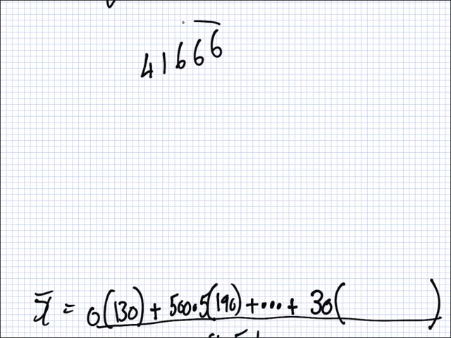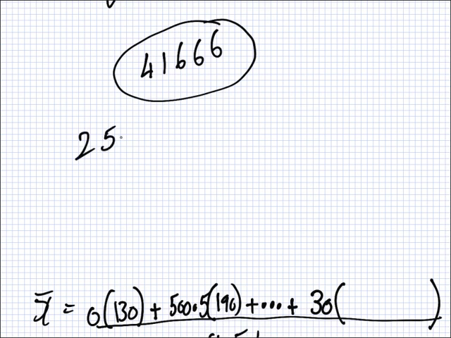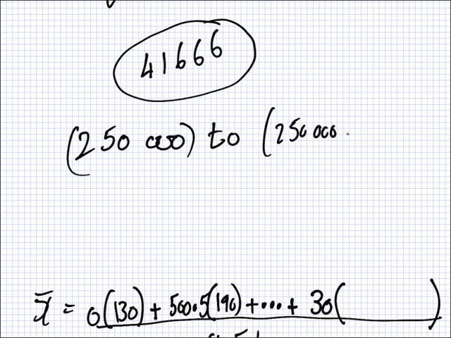So this number here previously was on average how wide each bin was. So what we could do is say the last bin is maybe 250,000 to 250,000 plus 41,666.